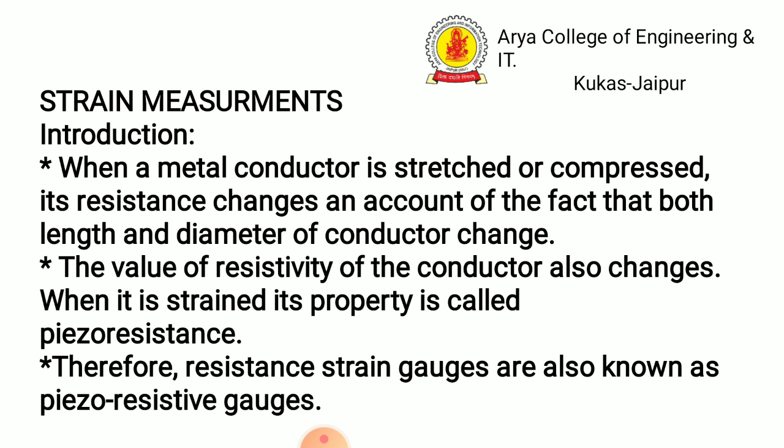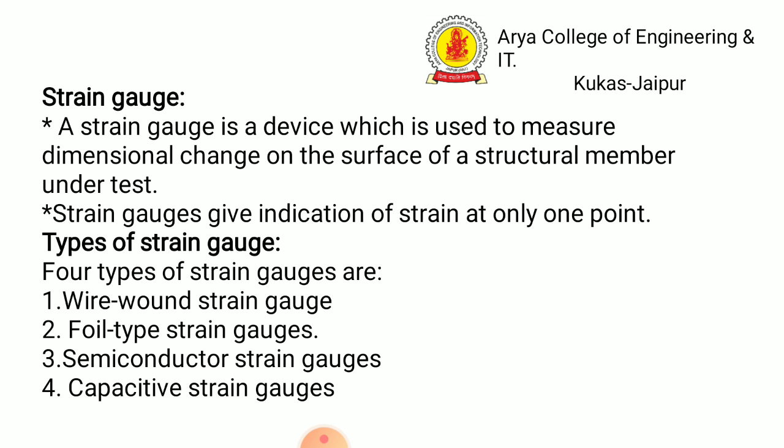When a metal conductor is stressed or compressed, its resistance changes on account of the fact that the length and diameter of the conductor change, and the value of resistivity of the conductor also changes. When it is strained, this property is called piezoresistance. Therefore, resistance strain gauges are also known as piezoresistive gauges.